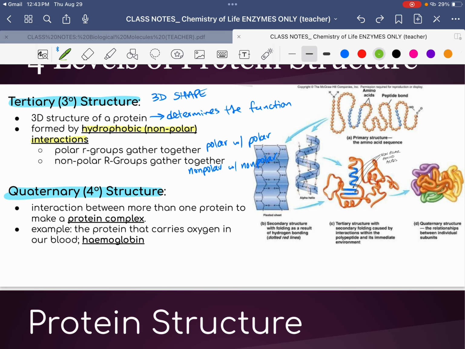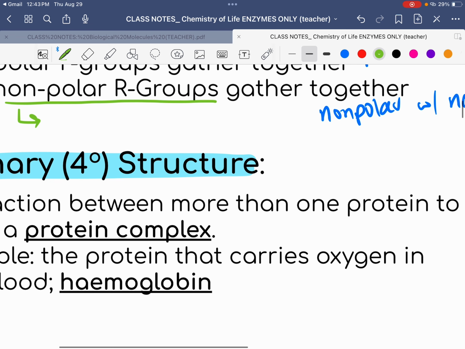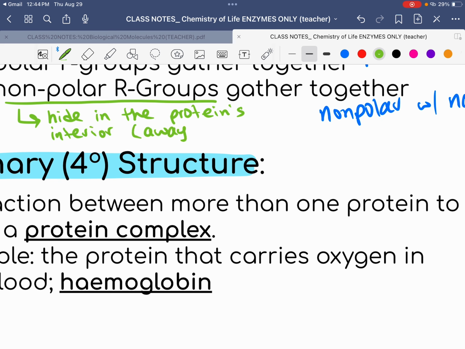Let's do this. Nonpolar R groups tend to hide in the protein's interior, right? They want to be away from water because they're nonpolar.